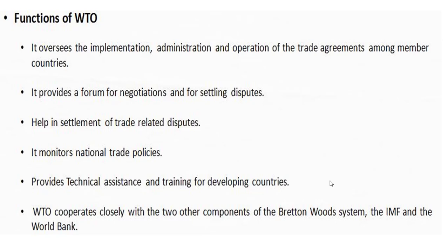So we can hear WTO negotiating, WTO involved in Brexit negotiations between UK and European Union, also between US and other countries. Okay, it helps in settlement of trade related disputes. It monitors national trade policies, and member nations have to submit what improvements they are doing in respect of international trade.